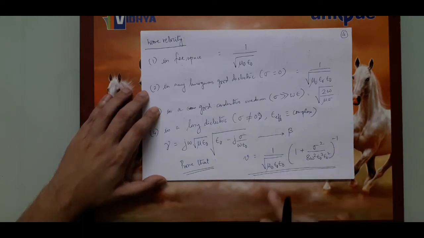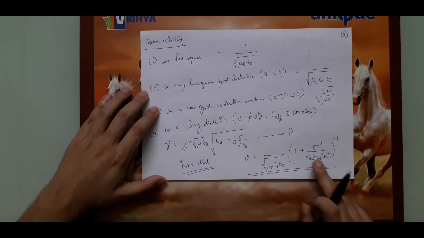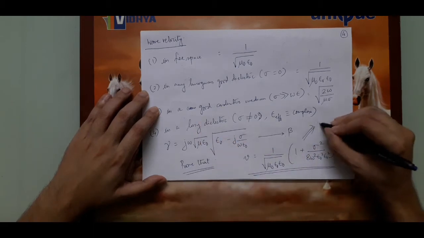This is the wave velocity in a lossy dielectric. You can also see that this is a function of omega, which makes even lossy dielectrics dispersive.